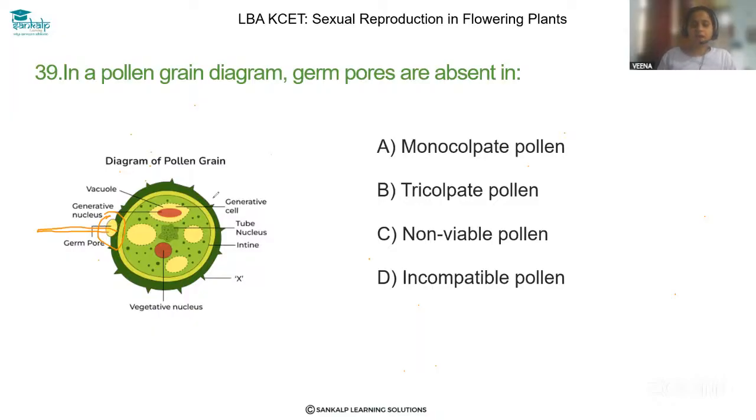But here the question is, in a pollen grain germ pores are absent. So let me draw the pollen grain: outer layer, inner layer, and then two cells, one generative, one vegetative.